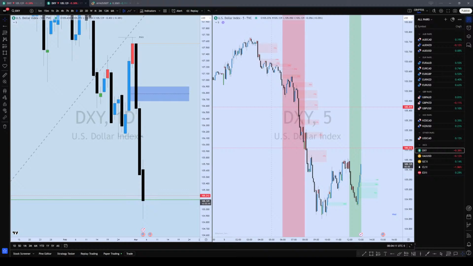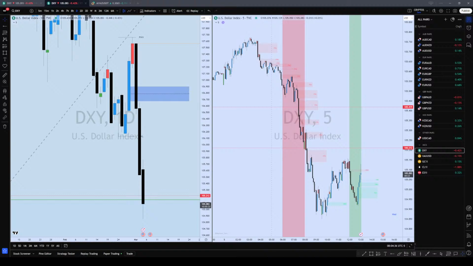Anyway, so we had the dollar index move into targets as we were expecting yesterday. I did mention we want to see only pure down candles moving lower, and you can see that, right?